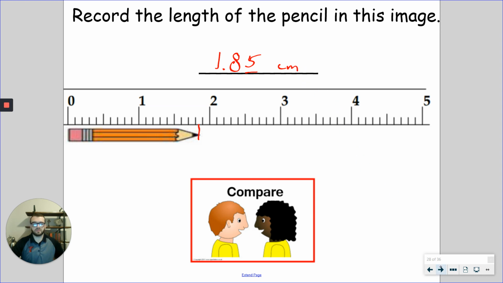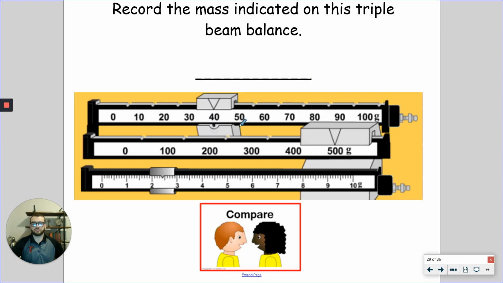Centimeters. 542.123. That looks, these are all accurate. There's no guesstimation here. That's right on top of 0.4 right there.